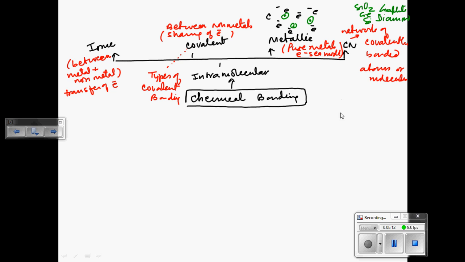I want you to understand when you are melting NaCl. NaCl is an ionic solid, right? So it is present in form of a lattice. And in the lattice there are forces of attraction that are holding them together. So when you are melting NaCl, you're breaking ion-ion bonds.